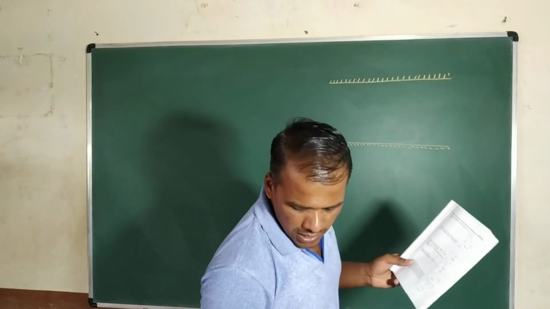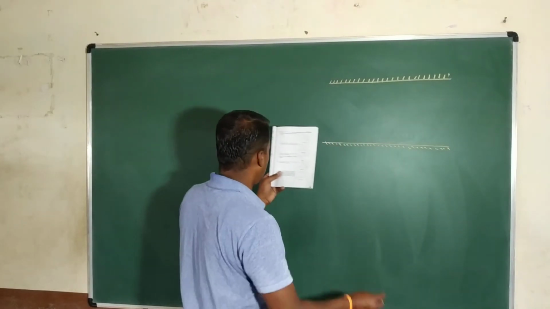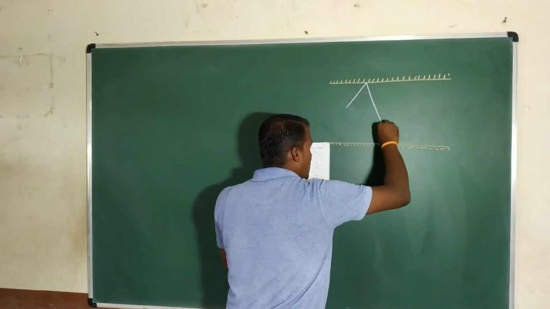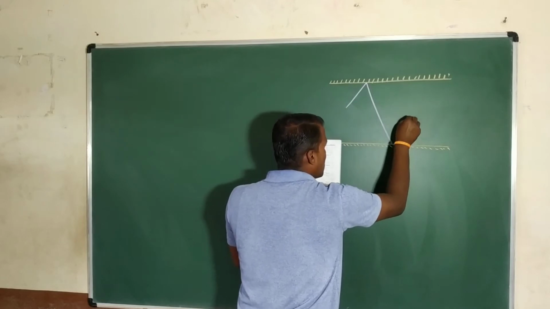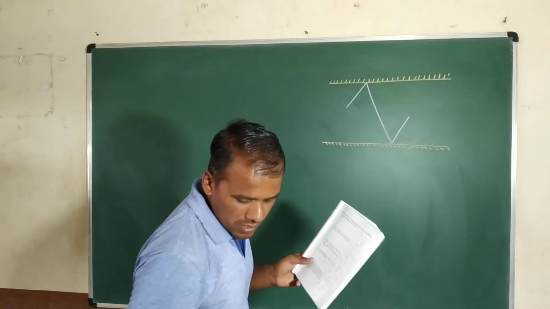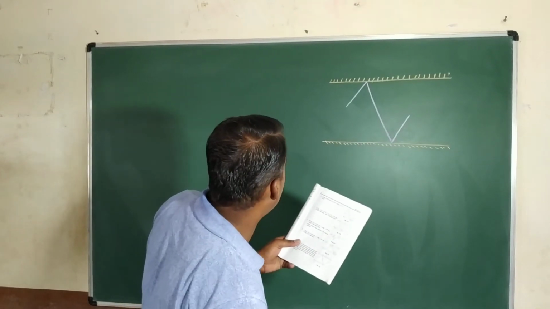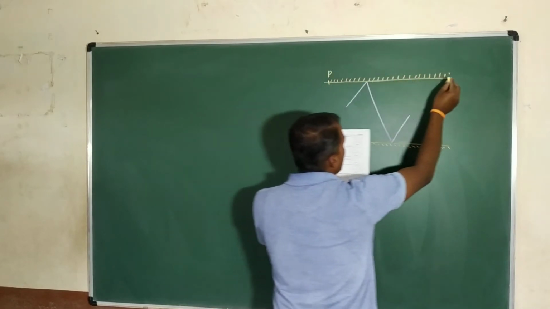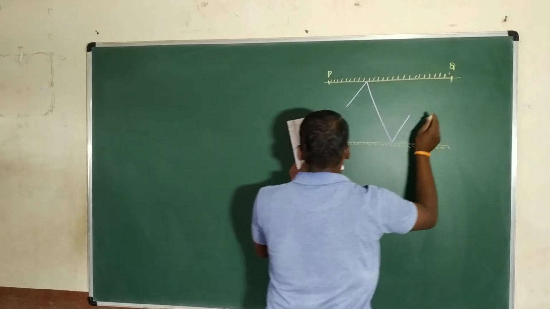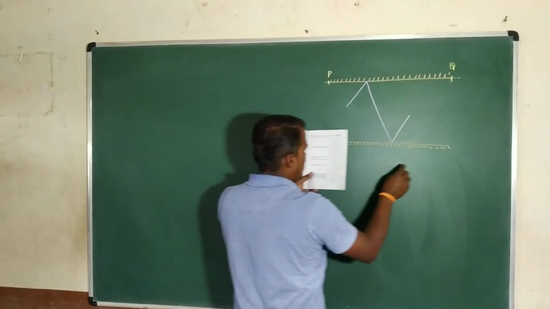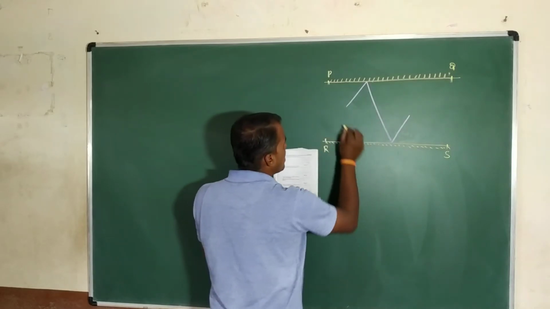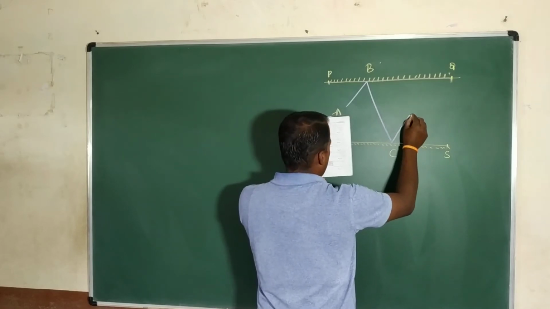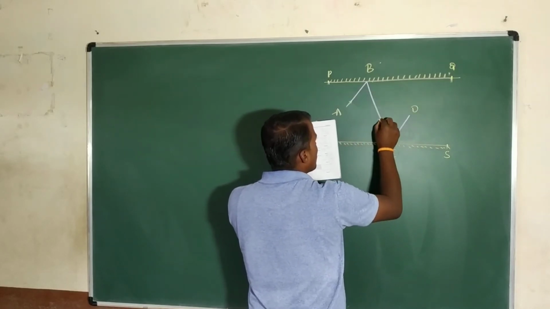Then this is the incident ray. We will name the points P, Q, R, and A, B, C, D. I am marking it this way.